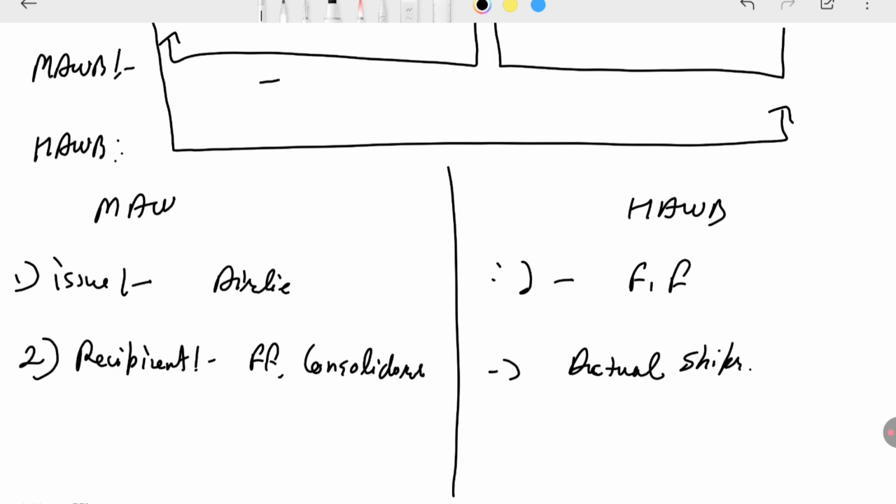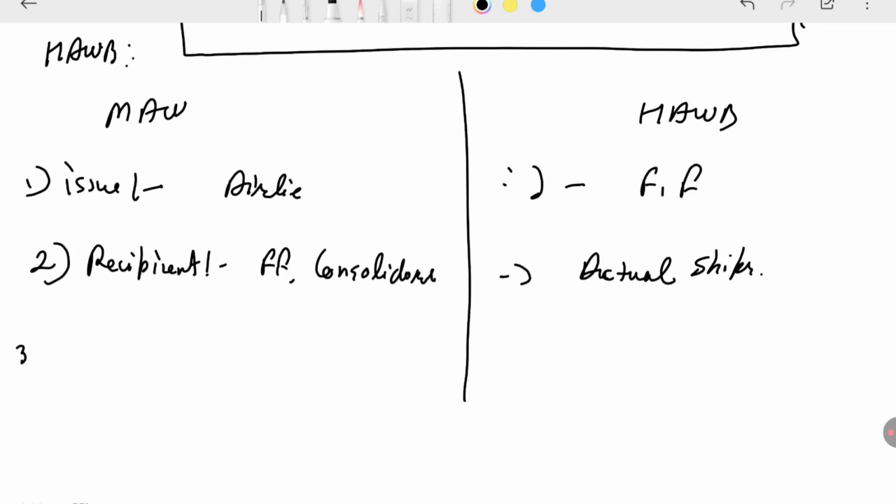Now, the third point is purpose. What is the purpose of master and what is the purpose of house? The master airway bill is the contract between your airline and your freight forwarder.